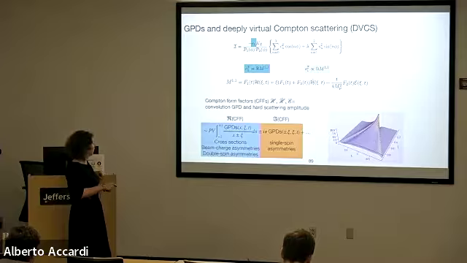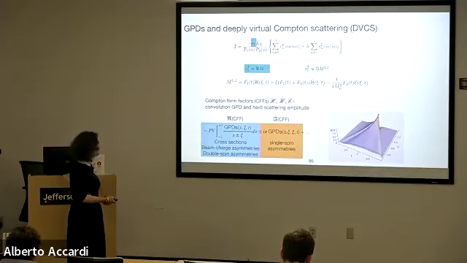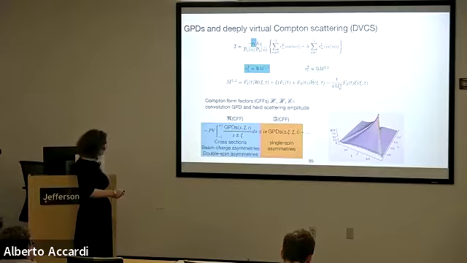So with beam charge asymmetry, you get one point in psi, but you integrate your GPDs over X. On the other hand, if you would perform measurements sensitive to the beam helicity, so beam spin asymmetry measurements, then you would get access to the imaginary part of this amplitude, and then you would actually probe your GPD at the point where X is equal to plus or minus psi. It's just one point.